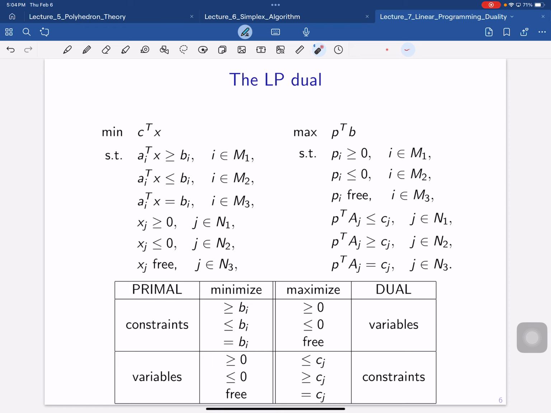And the way we decide the signs of the dual constraint is the opposite sign of the primal variables. The reason is because we want to keep the dual problem bounded, as you can see here.